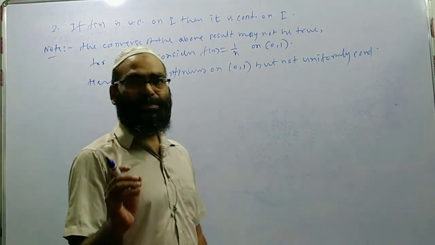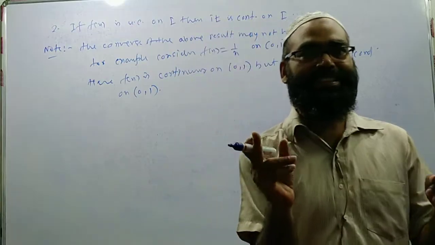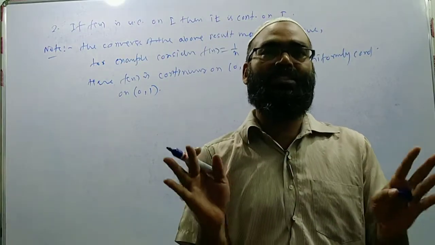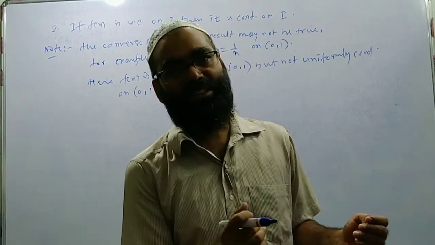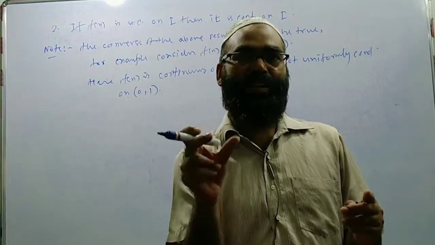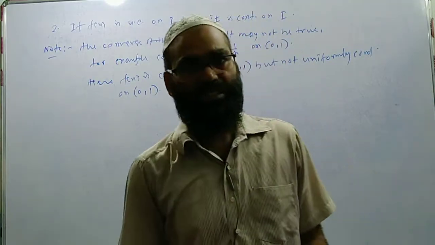So this is an important result. If a function is uniformly continuous on an interval, then it must be continuous on that interval. But the converse is not true. That is, a function which is continuous on interval I may or may not be uniformly continuous.